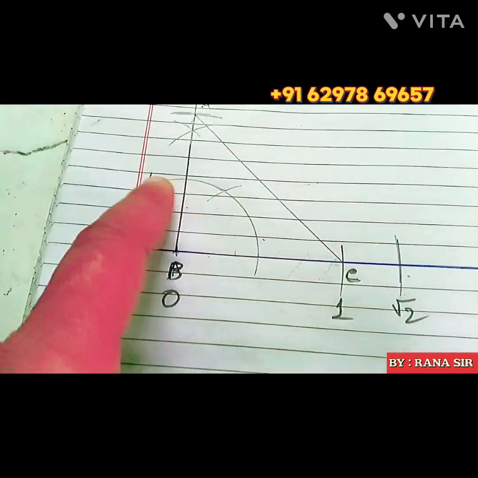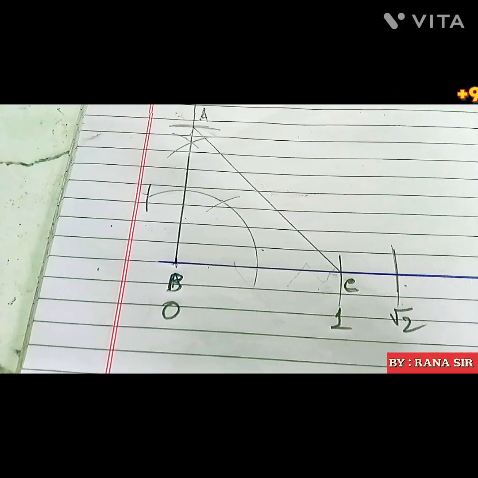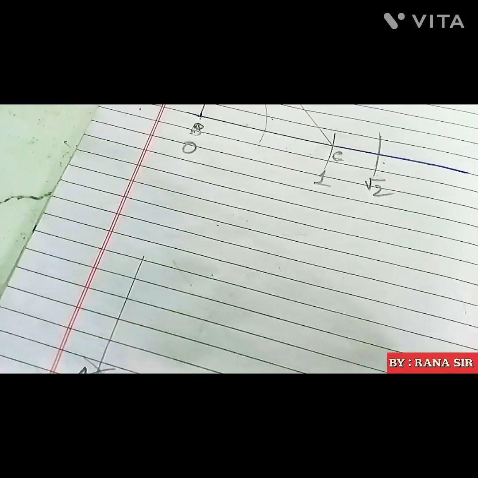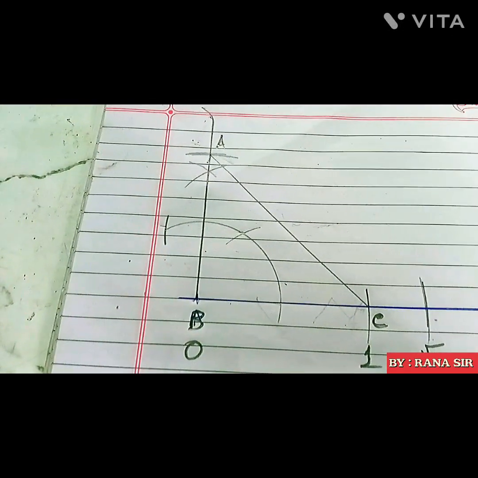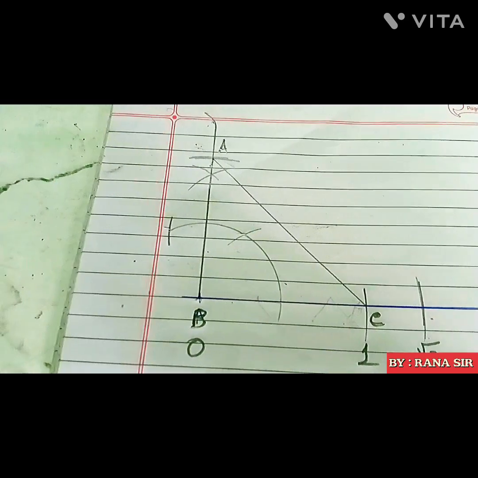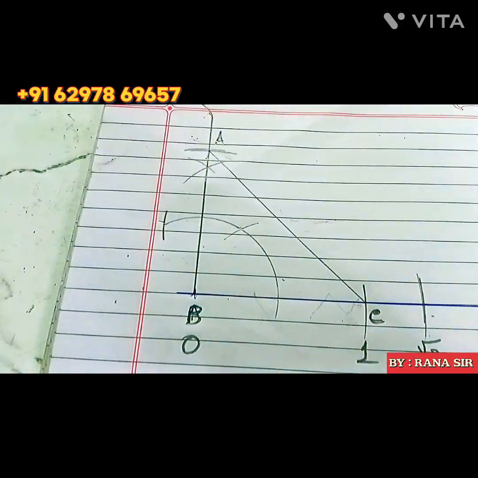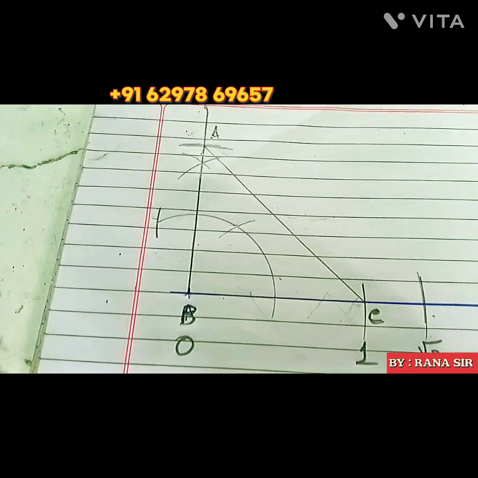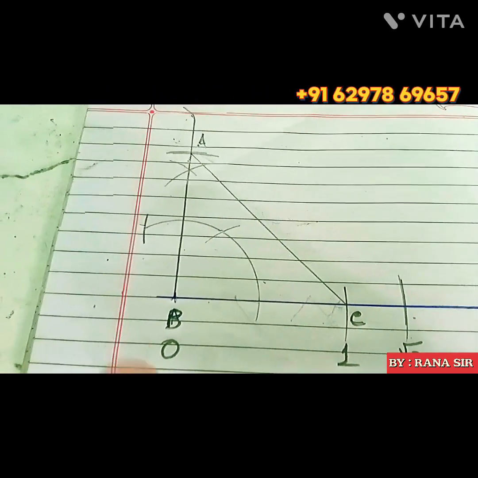Then at point B I have drawn a perpendicular, taken an arc, cut the arc at 2 points without changing its dimension, and then further cut it above and joined the intersection point to get a perpendicular.